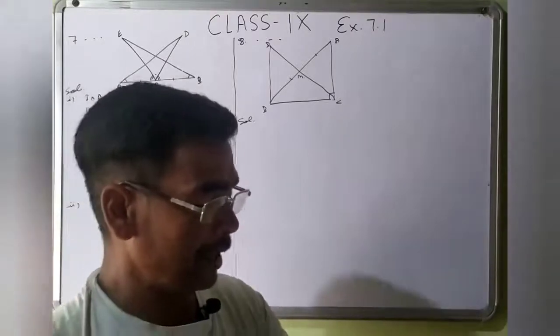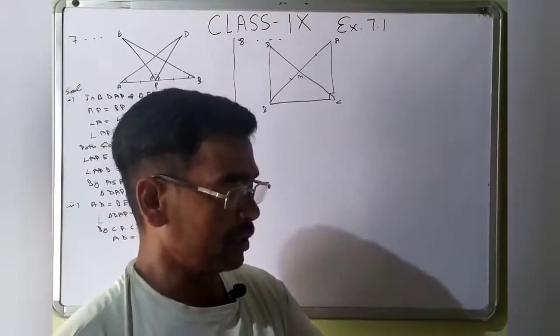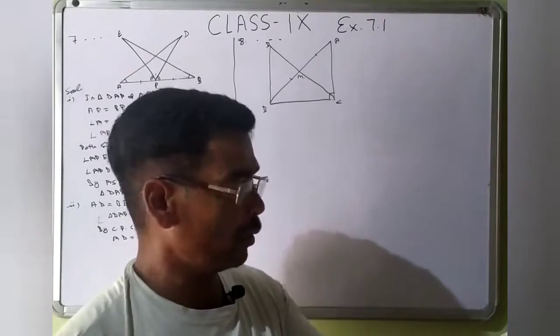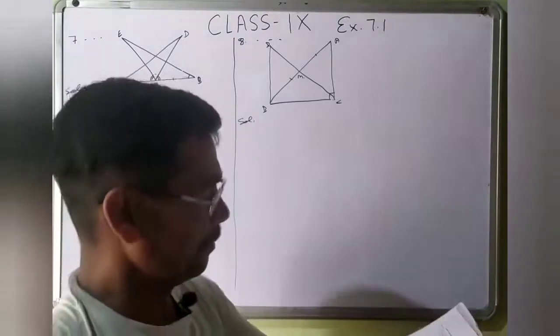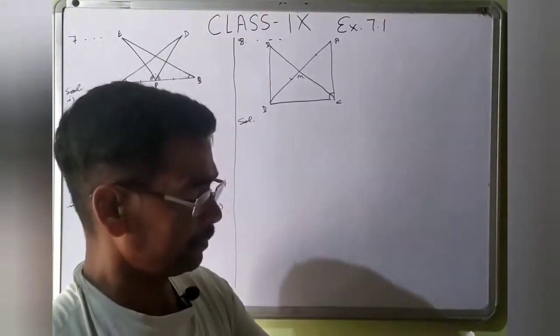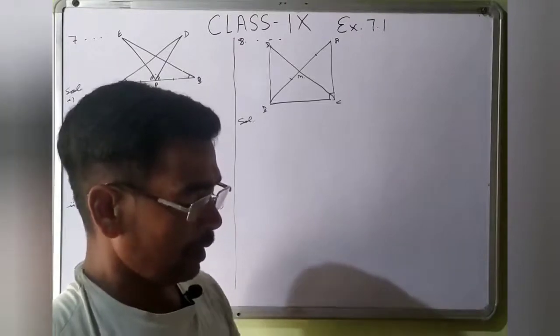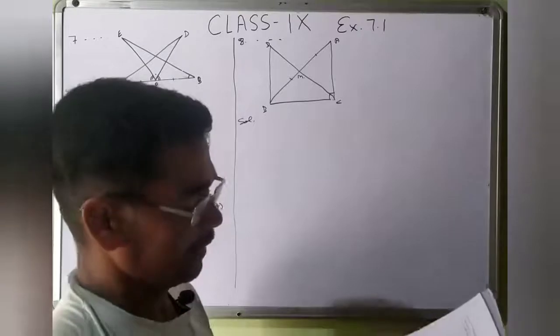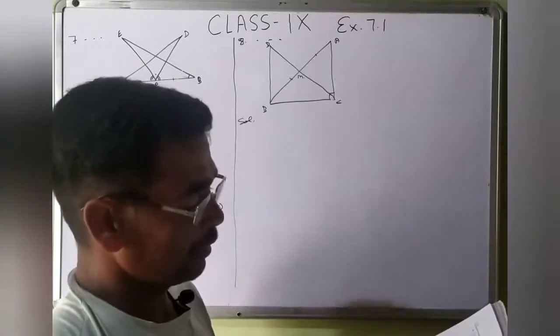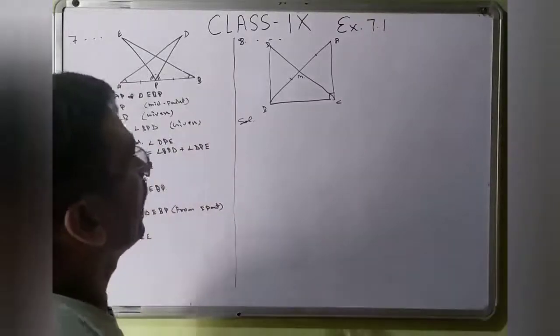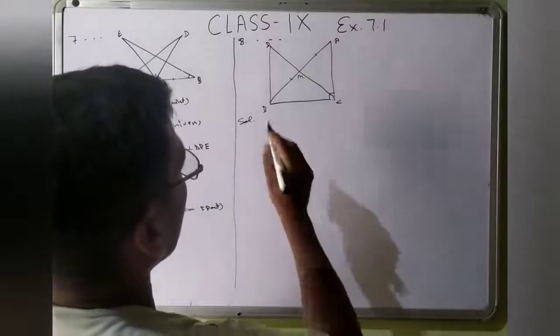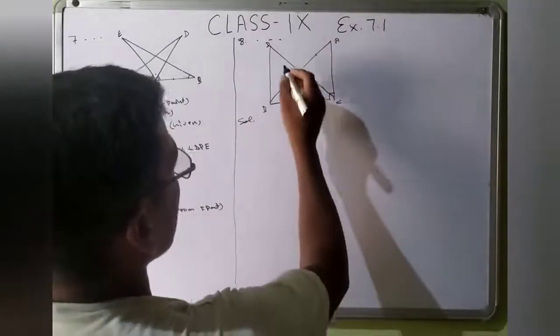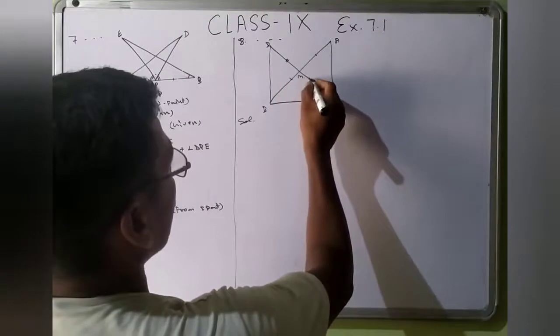M is a midpoint of hypotenuse AB. So C is joined to M and produced to a point D such that DM is equal to CM. DM is equal to CM. That is also given.